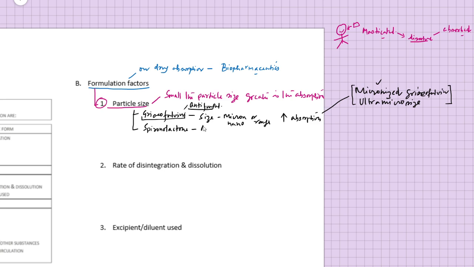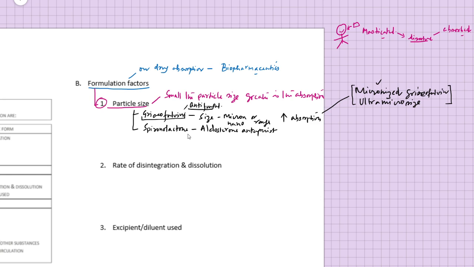Okay. So this is an aldosterone antagonist. Aldosterone retains water. So if you give an aldosterone antagonist, that could be a diuretic drug.